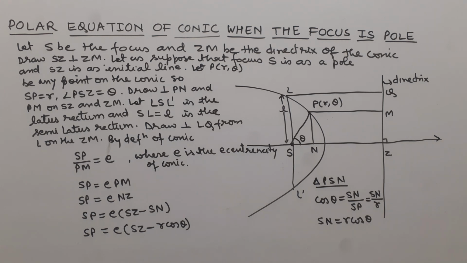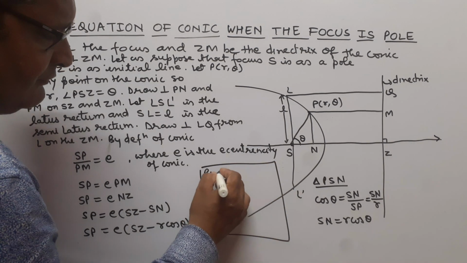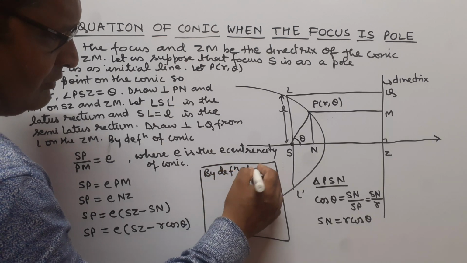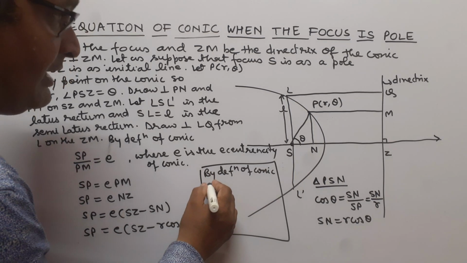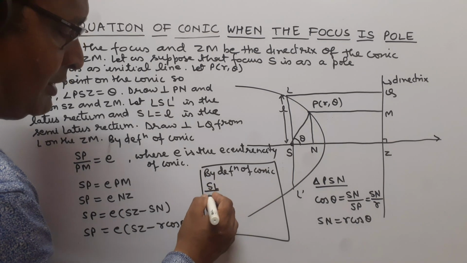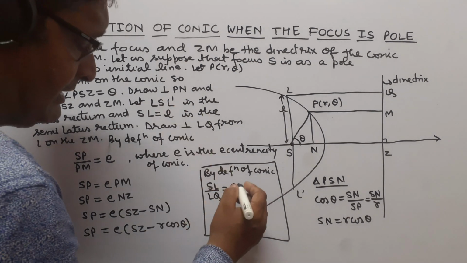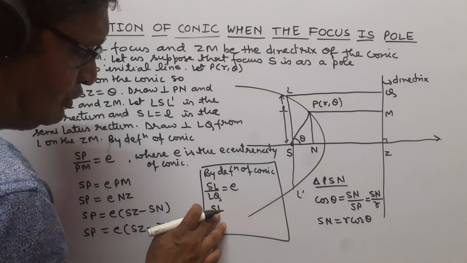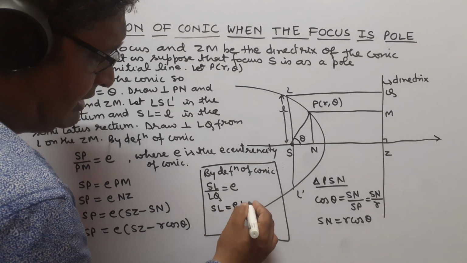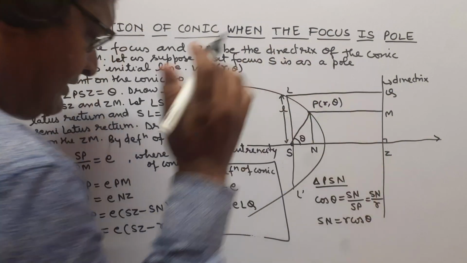Now by definition of conic, SL upon LQ is equal to e, so SL is equal to e times LQ, but from the figure LQ is equal to SZ.